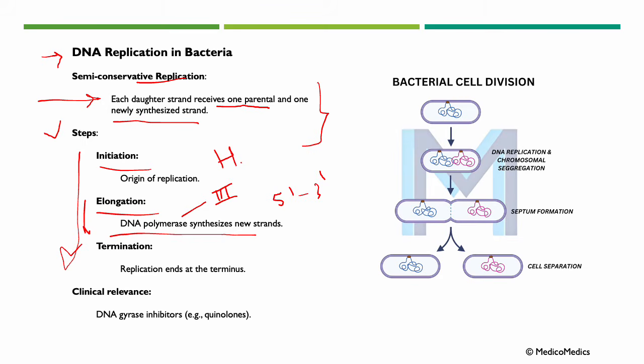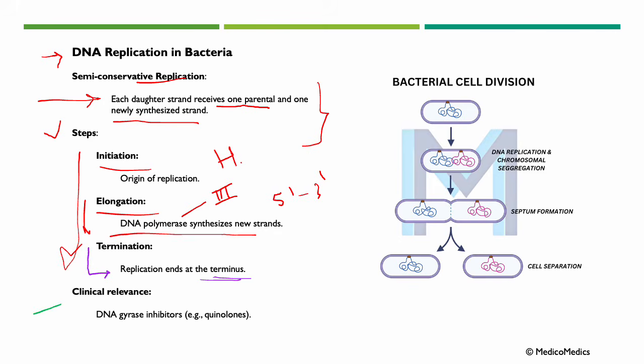We also have the enzyme primase, which synthesizes RNA primers to initiate replication. After that, we move to termination, where replication ends at the terminus. Replication continues until it reaches this terminus site, and here we have TUS proteins that help halt the replication machinery.